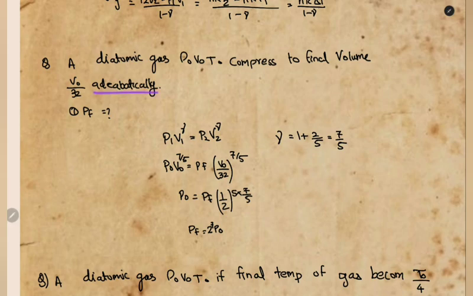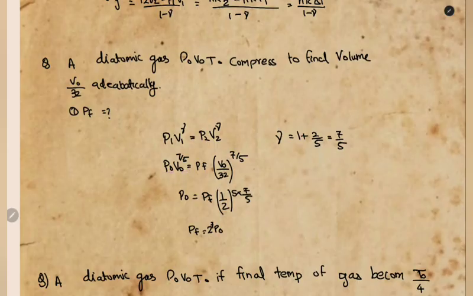So you need to understand that when it is adiabatic, PV to the power gamma is constant. In that case I can write P1 V1 to the power gamma is equal to P2 V2 to the power gamma. Fine. So the initial thing is given as V naught, P naught V naught.